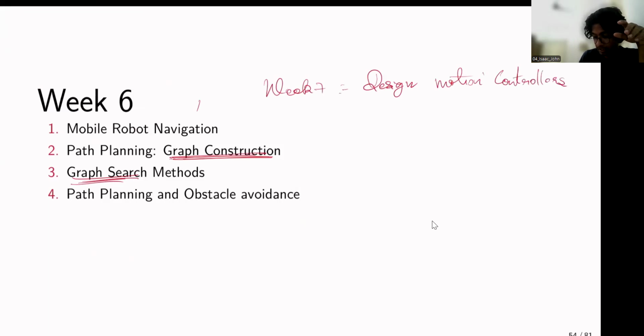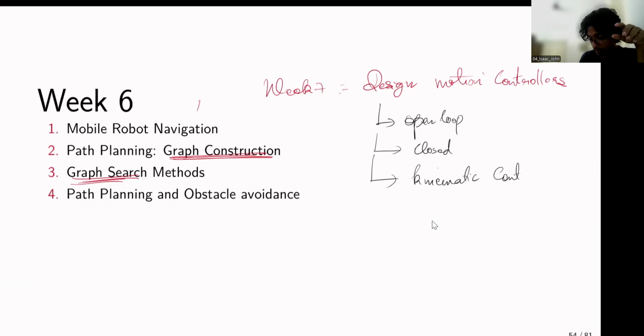Here we have discussed various motion controllers based on whether or not they are open loop or closed loop. Then we have seen kinematic controllers, and we have also seen dynamic controllers.